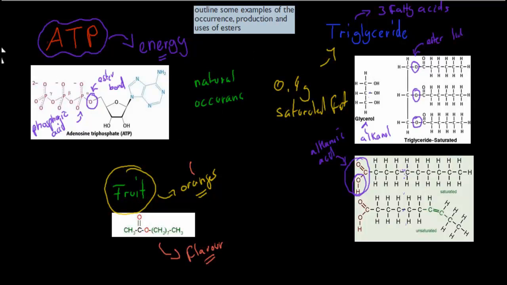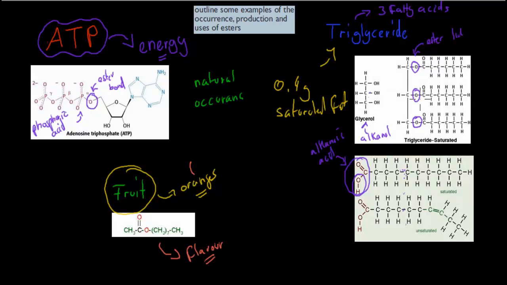The other part says, outline some examples of the occurrences. Occurrences means where do they occur. Production means how they are produced. For example, I said that here we have a glycerol, and the glycerol hydroxyl groups, the OH groups, will combine with the carboxyl groups of the saturated or unsaturated fatty acids.